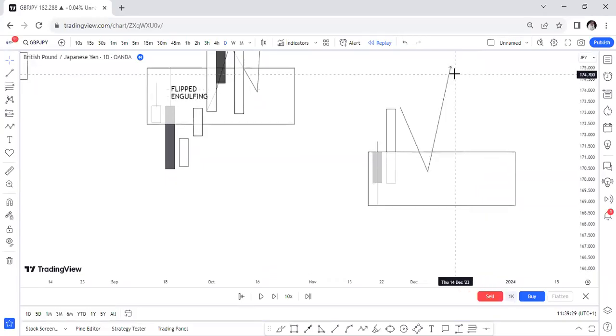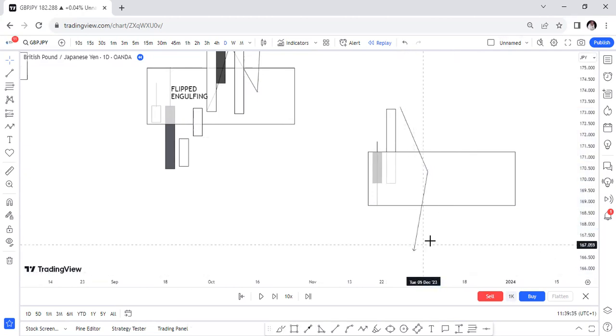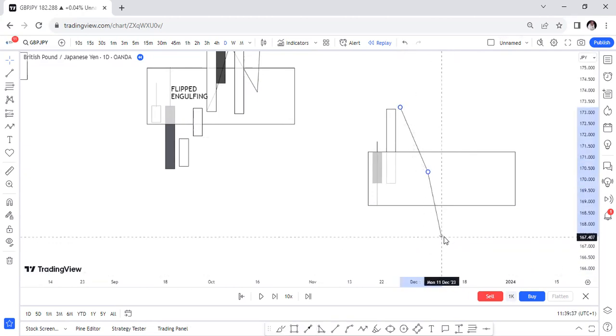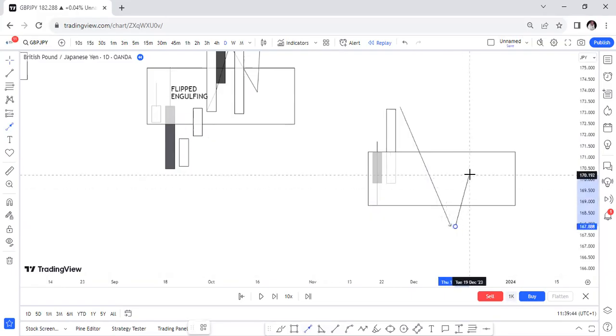But if that expectation fails to deliver, what happens? It will turn to a selling market. When engulfing fails, you trade it on the opposite side.